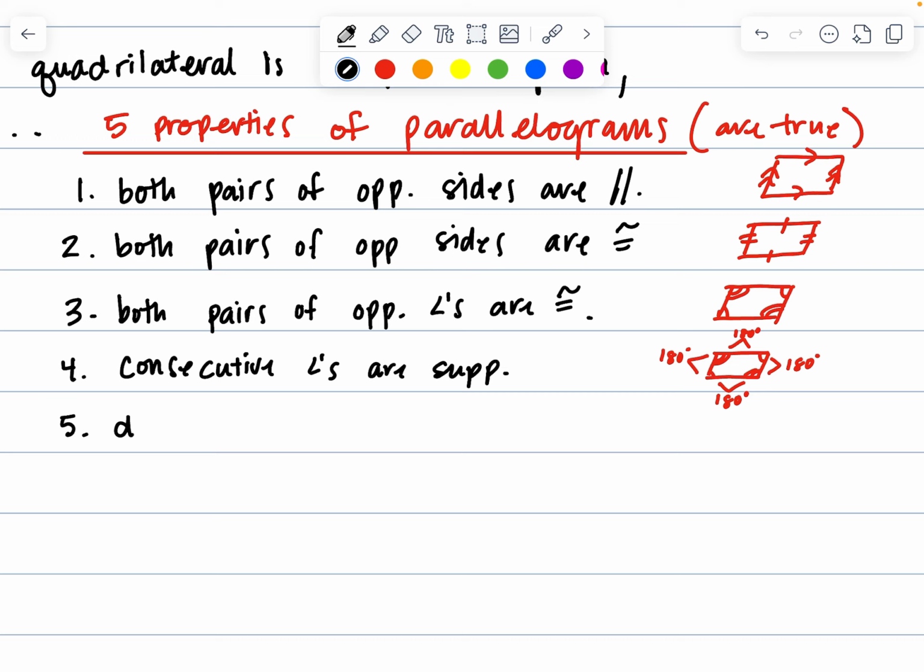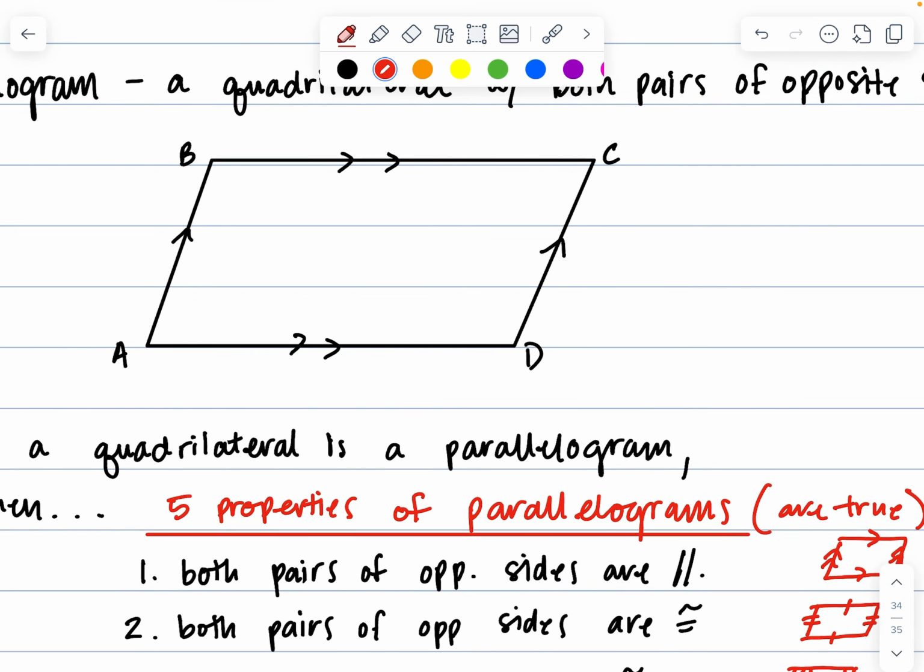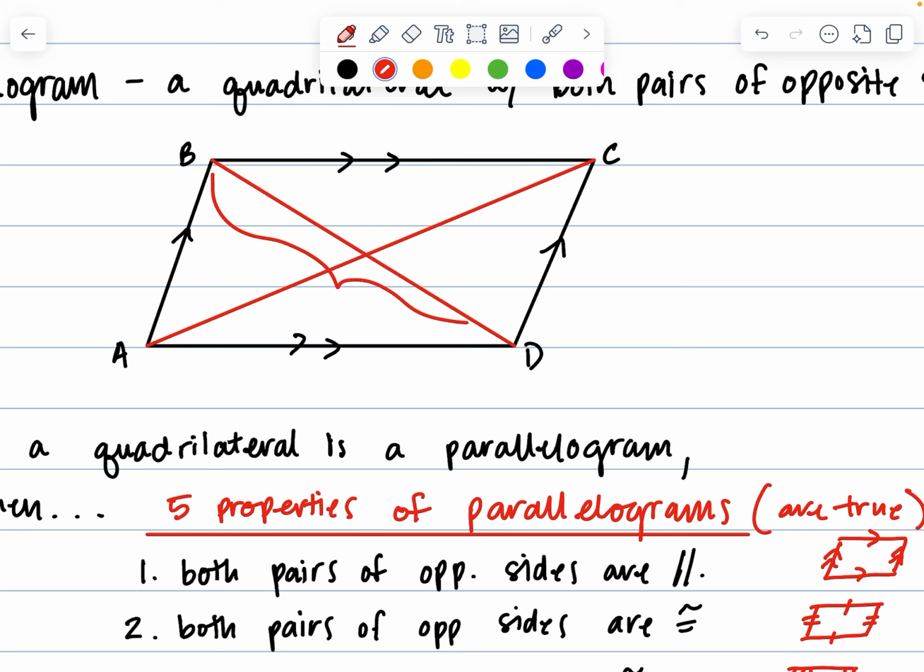Diagonals bisect each other. This one's a little bit of a weird one. What this says is if I were to draw two diagonals, okay, and I, for instance, said BD had a length of 20, and then AC had a length of 30, then it would break down to 10 and 10, 15 and 15.